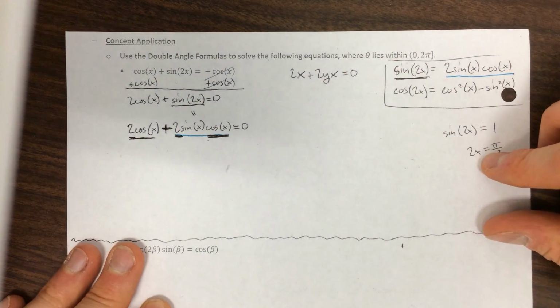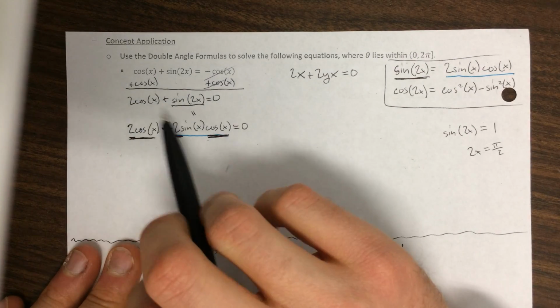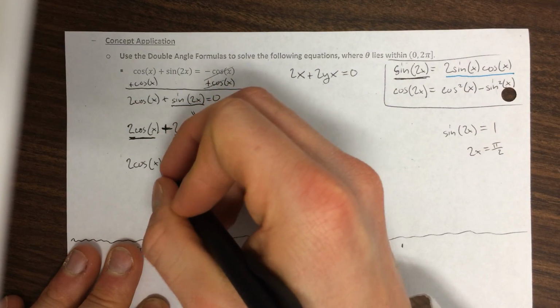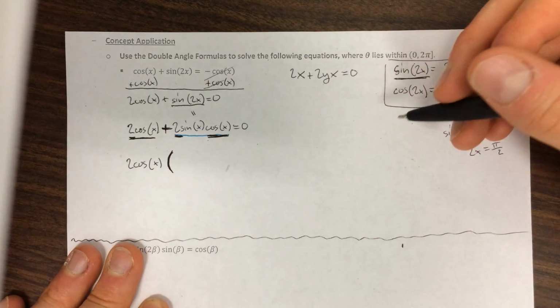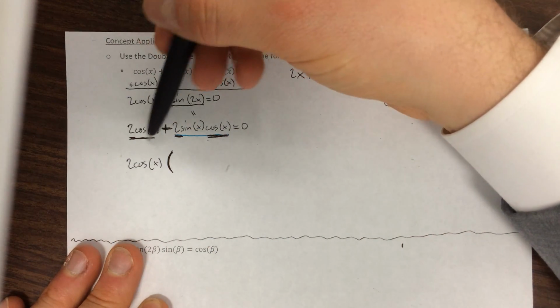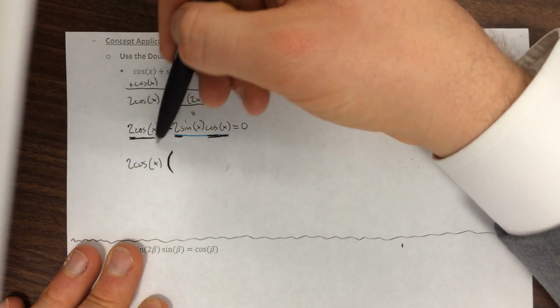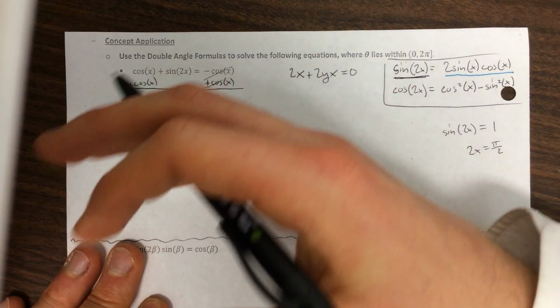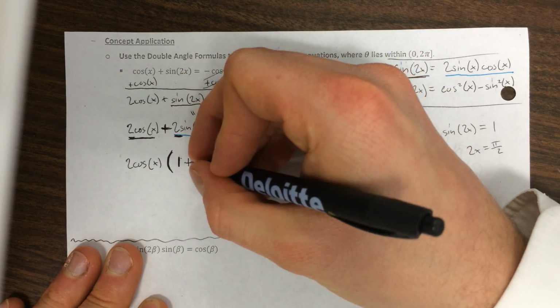If we have any quantity that occurs in both terms, we can factor that quantity outside of our expression. So we would factor a 2 cosine x out, and in doing so we are reversing the distributive property. By factoring 2 cosine x from this term, what you would be left with is 1, because when you distribute, 2 cosine times 1 would be 2 cosine.